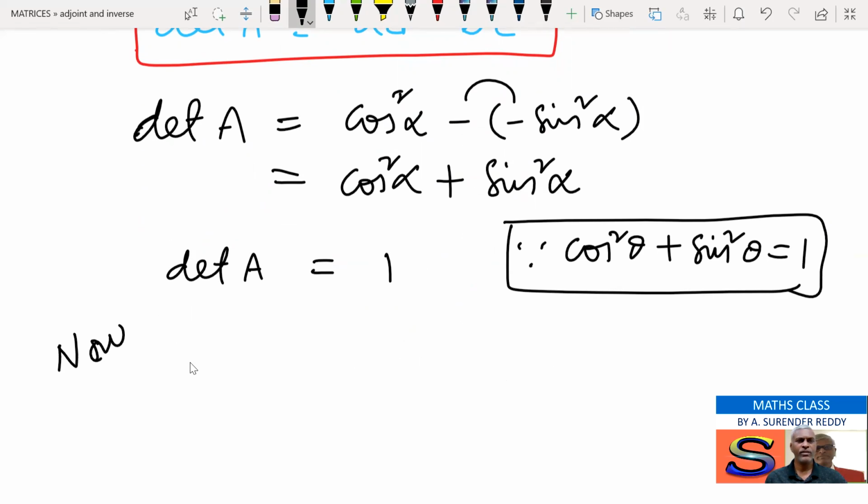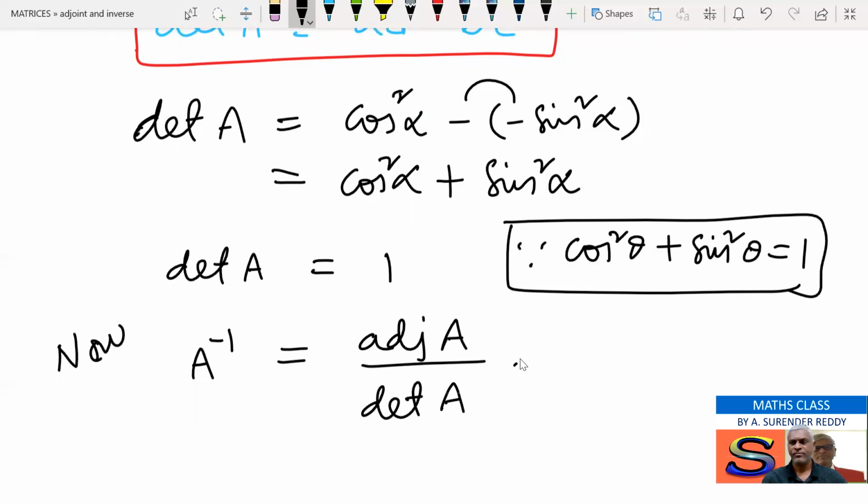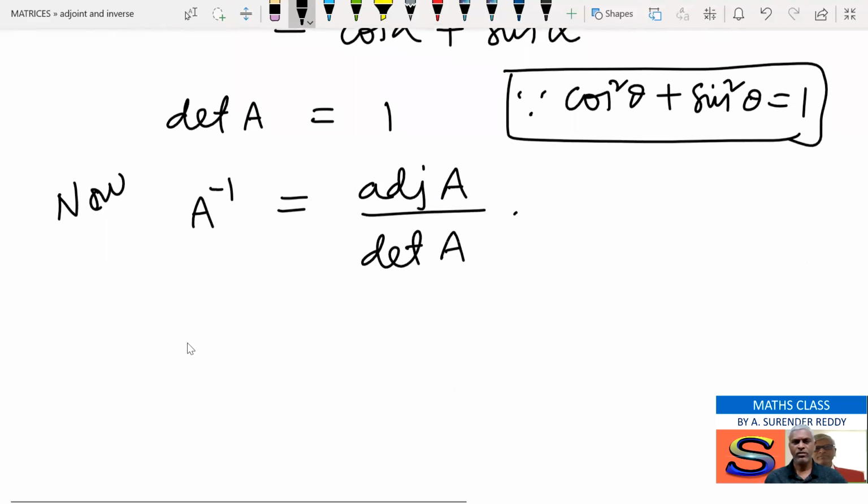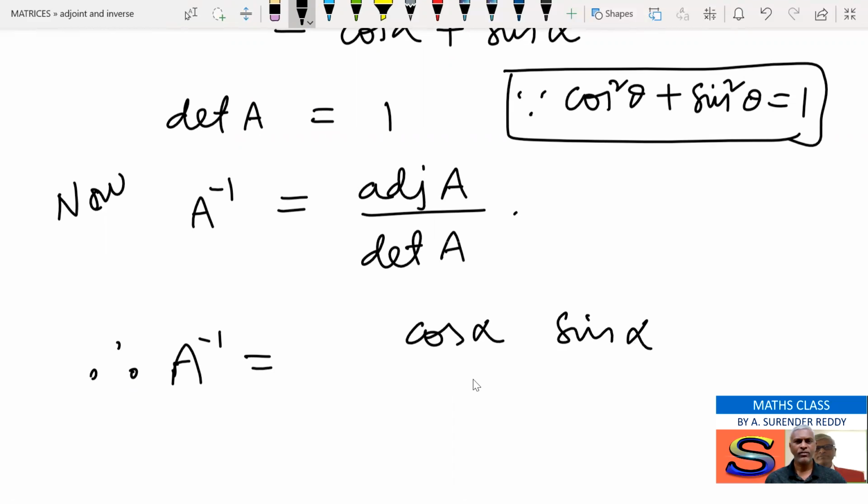Now its inverse: A inverse is equal to adjoint A by det A. So A inverse is equal to the adjoint, cos alpha, sin alpha; minus sin alpha, cos alpha.